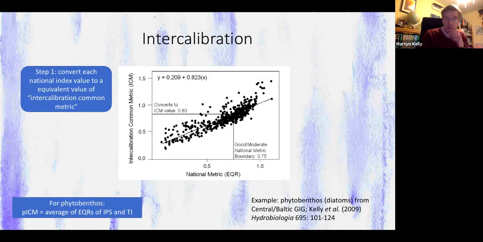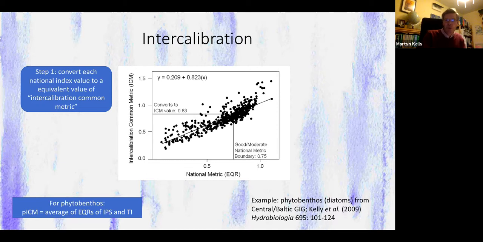And the way this happened was that, first of all, we had to express all of our national metrics on a common scale. So we set up some simple intercalibration common metrics for the different quality elements. And for phytobenthos, this was the average of the EQRs based on the IPS and the TI, the 2 most widely used metrics. One of them focused on the whole gradient, picking up saprobic effects.